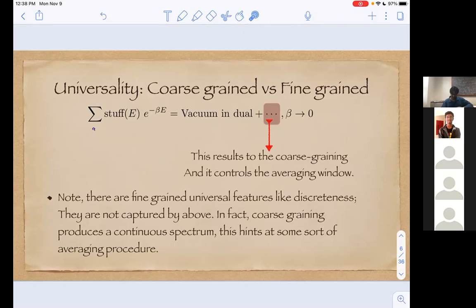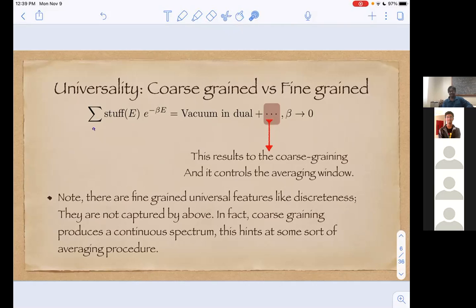Sorry, a quick question. Let's say we put the CFT on a cylinder, so that the E spectrum, the sum, is discrete. So there is really no way to invert that and get the degeneracy omega of E exactly. There's always going to be some sort of coarse graining. Yeah, so the point is, as long as you keep a finite number of terms in the dual channel, there will always be some sense of coarse graining, because you truncate the number of terms.